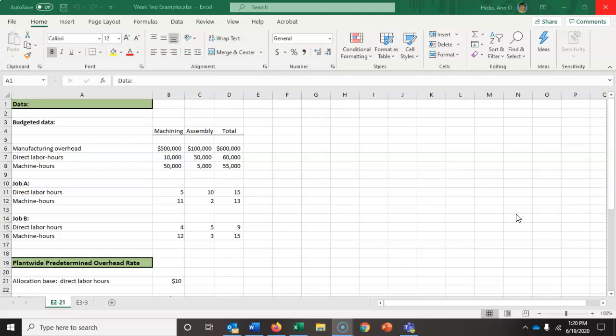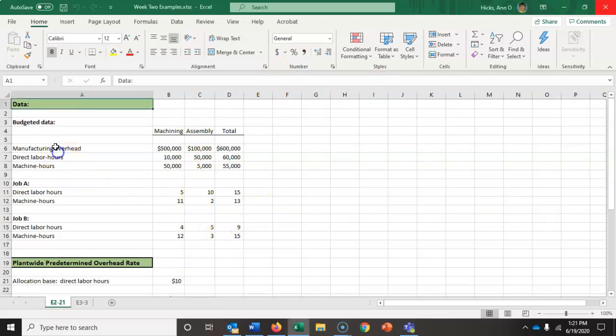In those instances, it may make more sense to break our overhead costs into multiple pools using different allocation bases and have more than one allocation of manufacturing overhead. That's the background. This example that I'm going to walk us through is reflective of that.